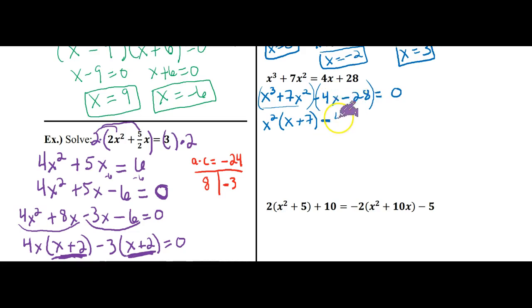And they both have a 4 in common. When I divide out a 4, I'd be left with x plus 7, right? Negative 28 divided by negative 4 will give me a positive 7. Then I see I have a GCF of x plus 7. We both have one. Pull that out. And I'm left with an x squared minus 4.